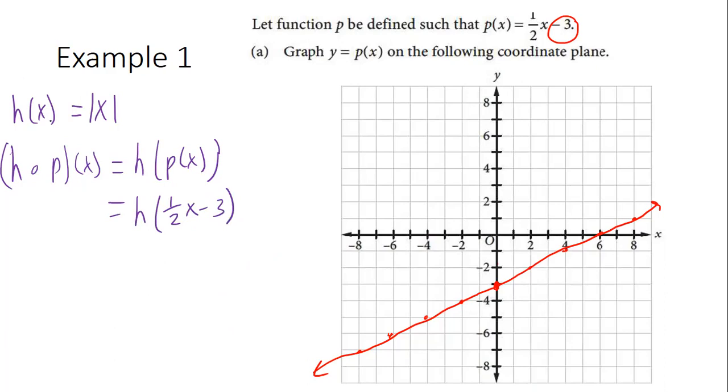So inside of my function is now going to become the absolute value of 1/2 X minus 3.